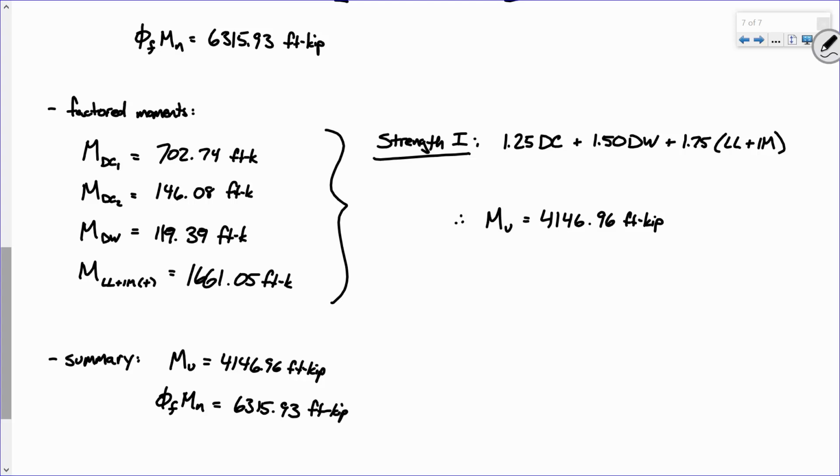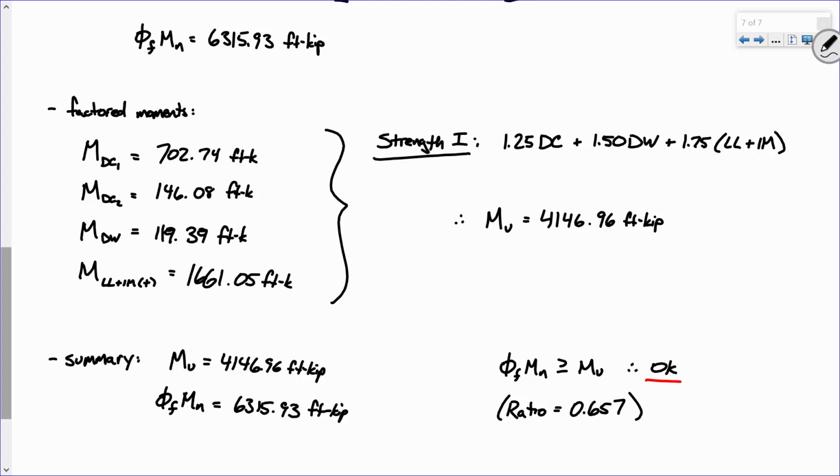So are we good? Yeah, we're good, because phi Mn is greater than or equal to Mu. And if you want, you can calculate your design ratio, your performance ratio, and that comes out to be 0.657.